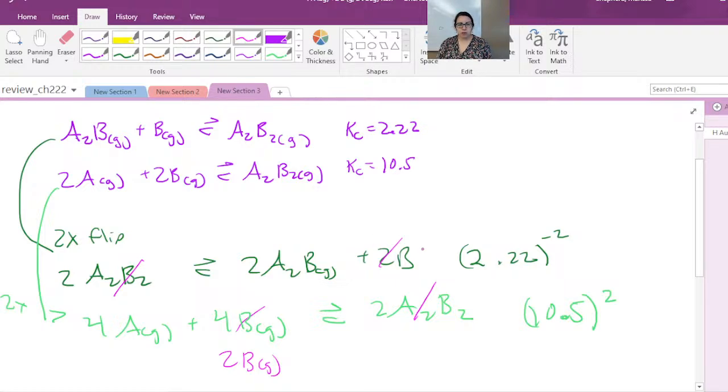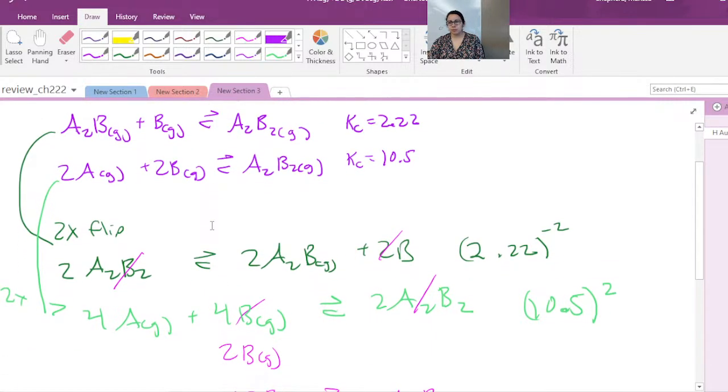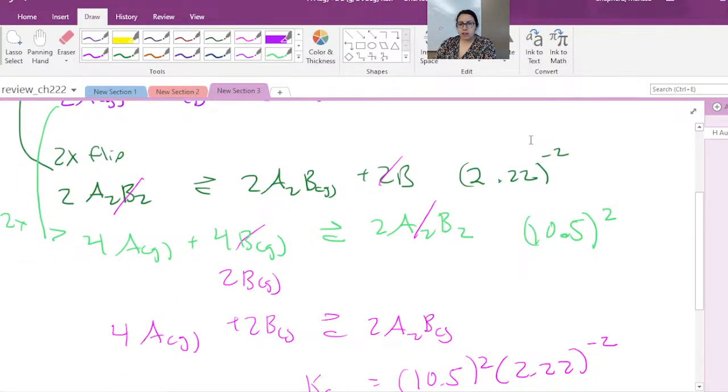But then we had this weird 2B and 4B. So minus 2B, and then 4B minus 2B leaves us with 2B, which is what we were looking for. Once we can add them, we just multiply the two Kcs, which we had to manipulate based on our flipping and multiplying.